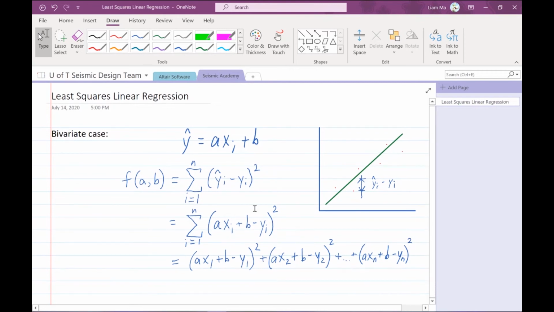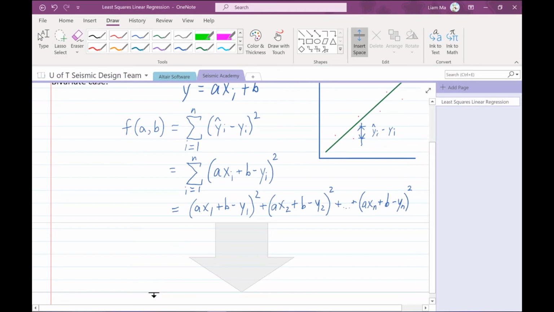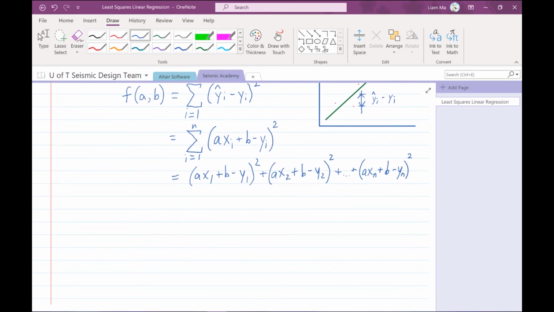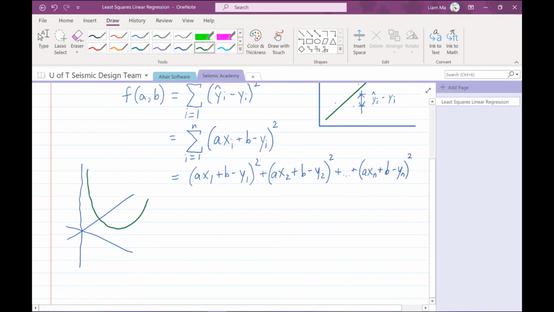And so let's continue going here. So we have this function, and this function actually looks like a surface in 3 dimensions. What I mean by that is if you were to draw a 3-dimensional axis, the surface that this function describes would look something like this.